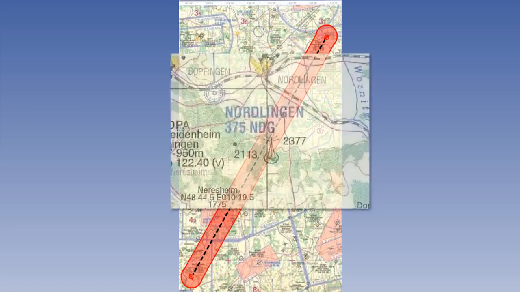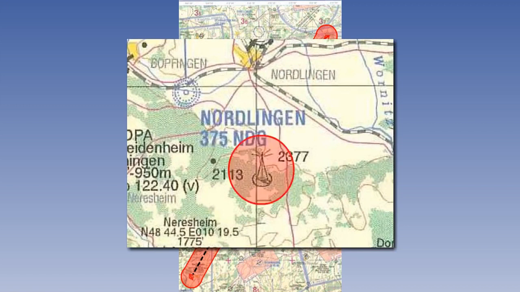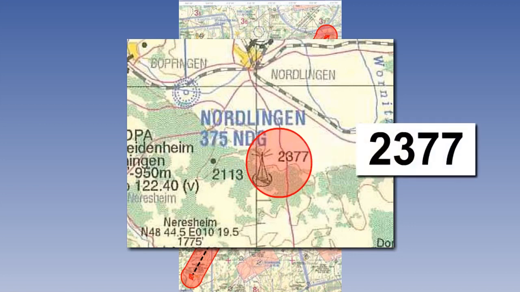By inspection of this area, you should see that the highest obstacle is a lighted tower 5 nautical miles southeast of Nordlingen NDB. The height of the tower is 2,377 feet above mean sea level. This is indicated by the fact that the figures are not in brackets. The rule for calculating safety altitude is to first round up the figure to the next 100 feet.